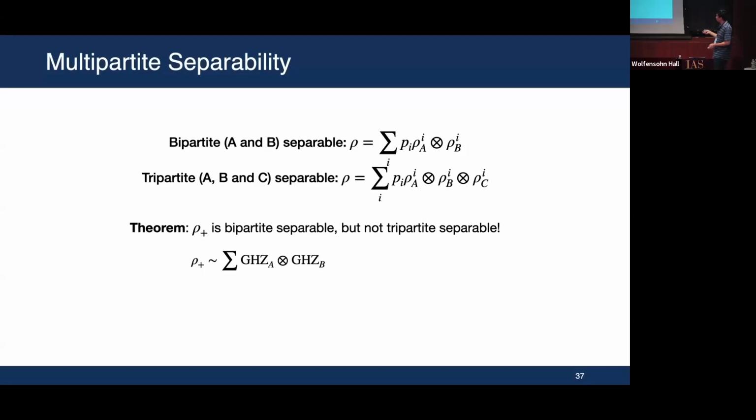However, it's not tripartite separable. If you try to cut it further, it's not going to work. And the intuition behind this theorem is that if it were bipartite separable, I could first cut it into two parts and then cut one of them into two again, and then I would have a tripartite separable state.